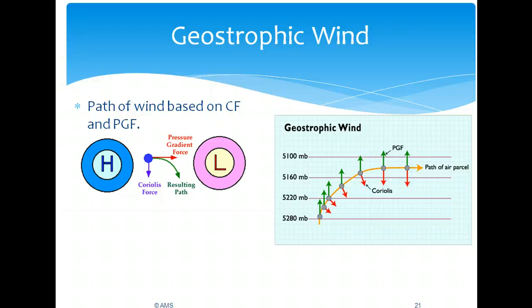As the wind gains speed, the deflection increases until the Coriolis force equals the pressure gradient force. At this point, the wind will be blowing parallel to the isobars. When this happens, the wind is referred to as geostrophic.